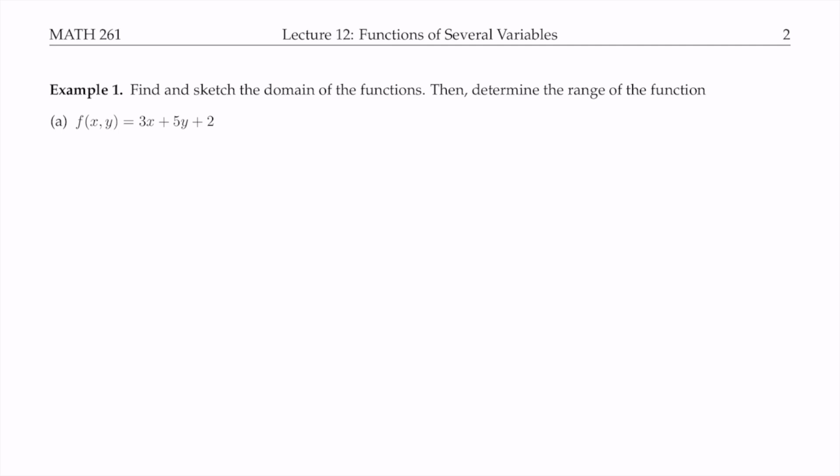So in this case, x and y are linear functions, in a way polynomial functions, so therefore there's no restrictions on x and y, and thus the domain is from negative infinity to positive infinity.